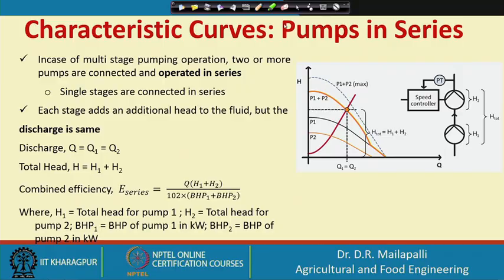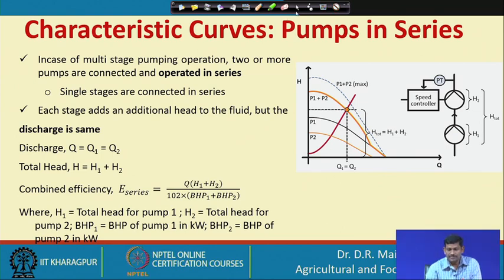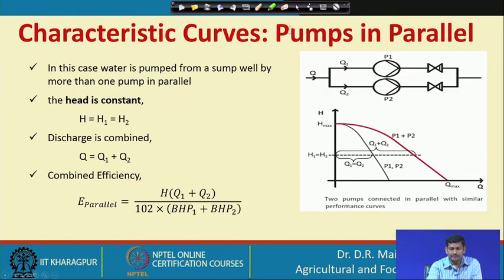Then, if you are expecting more discharge, rather than being interested in the head, in that case the pumps are required to be connected in parallel. So, let us see the next slide. When the pumps are connected in parallel, the heads are the same. Here are pump number 1 and pump number 2, connected in parallel.